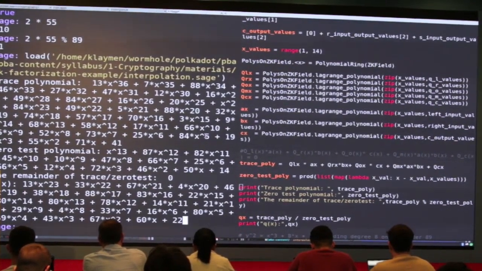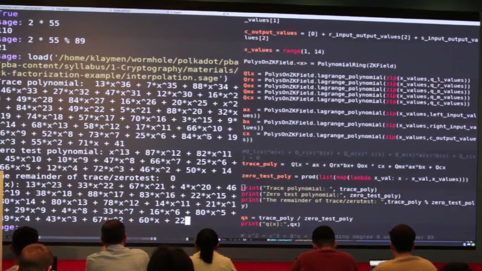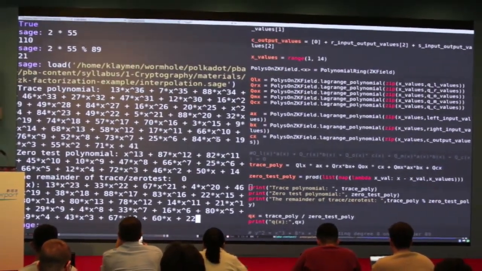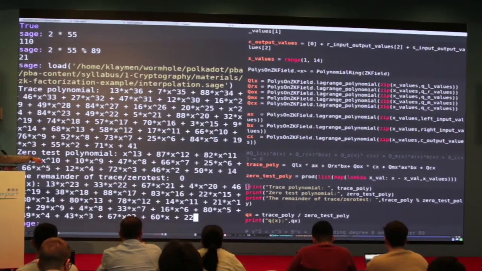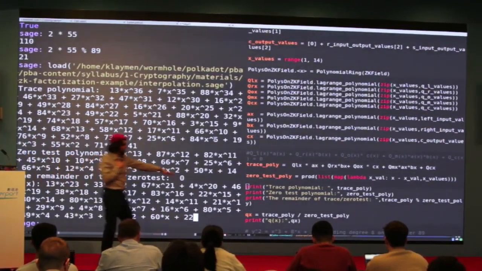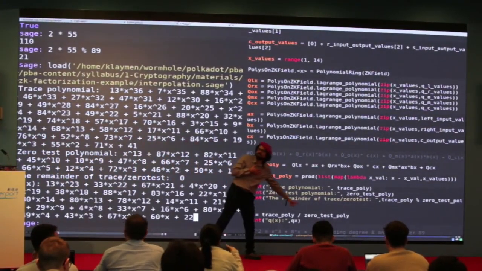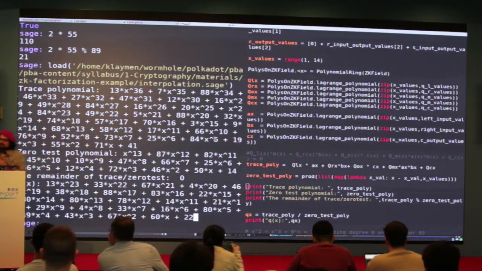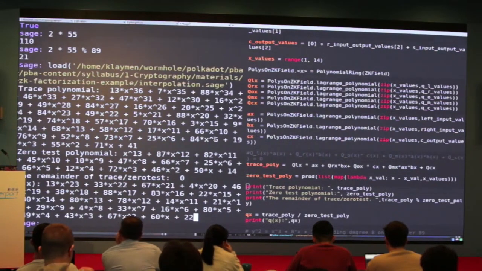The verification comes down to me having to prove to you that I have Q. When I divide these two, if they are not divisible, then I get a fraction, and then I will fail.